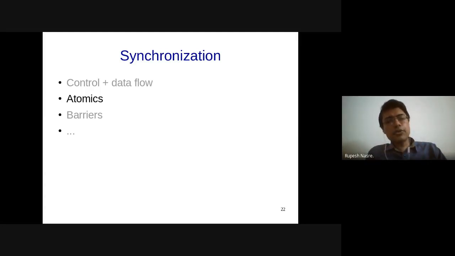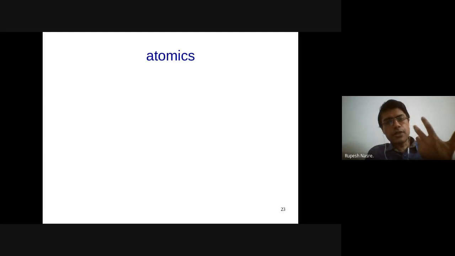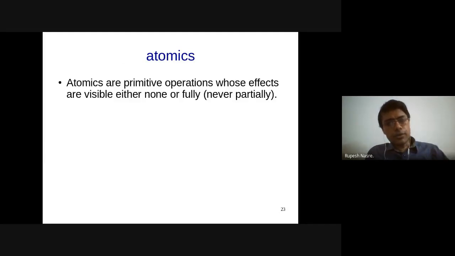In this case, it's going to be a single statement, but there should not be any intermediate state visible to the outside world. So these are primitive operations, meaning not high-level operations. These need to be supported mostly in hardware. They are fundamental operations, whose effects are visible, never partial.